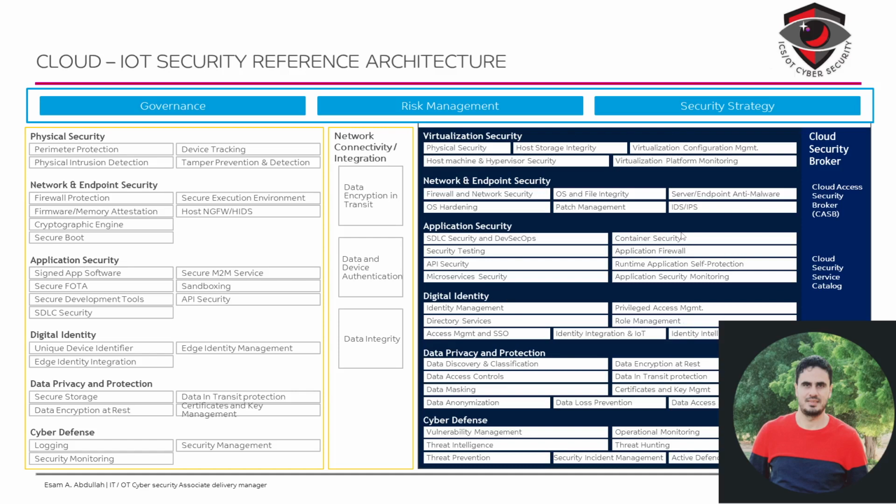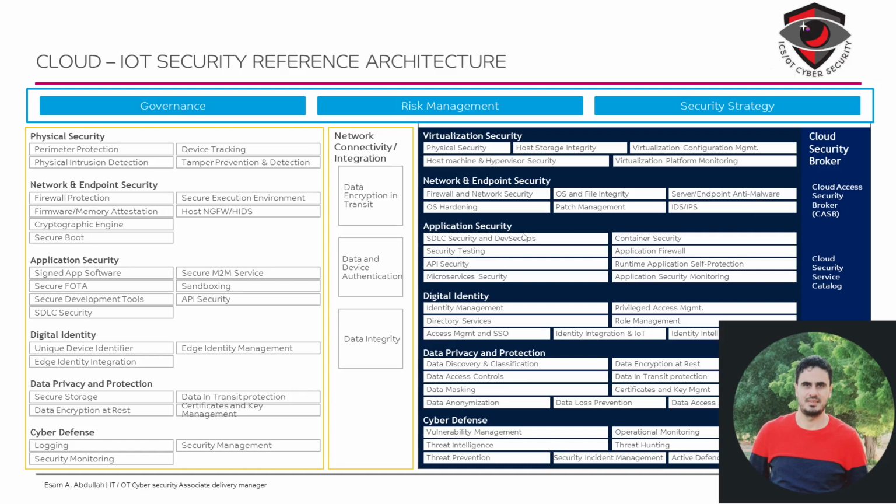Inside the virtualization security, we will understand the physical security, host storage integrity, virtualization configuration management, virtualization platform monitoring, and host machine hypervisor security. On another broker, which is network and endpoint security, there are the firewall and network security, operating system hardening, operating system and file integrity, patch management, IDS or IPS, and service endpoint malware.